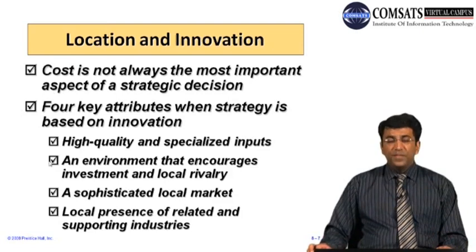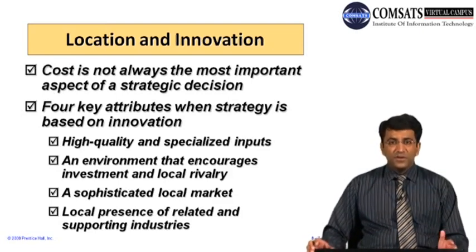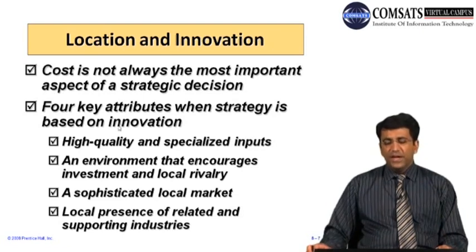So there may be locations in which the high quality material or the raw material may be available for your organization, and so in that particular situation it is always good for the organization to have the site in that particular location.